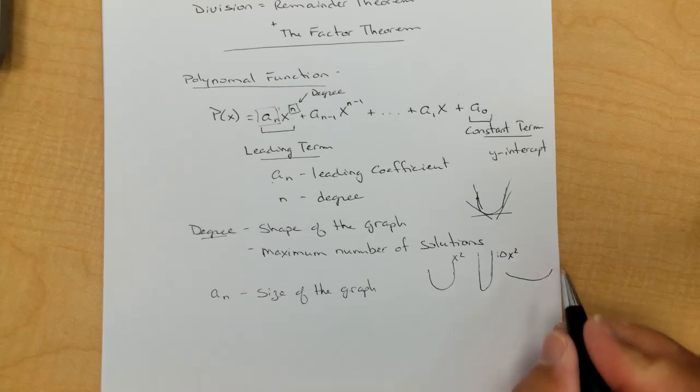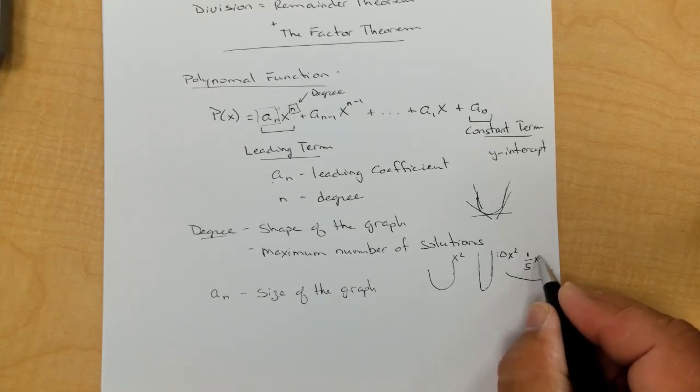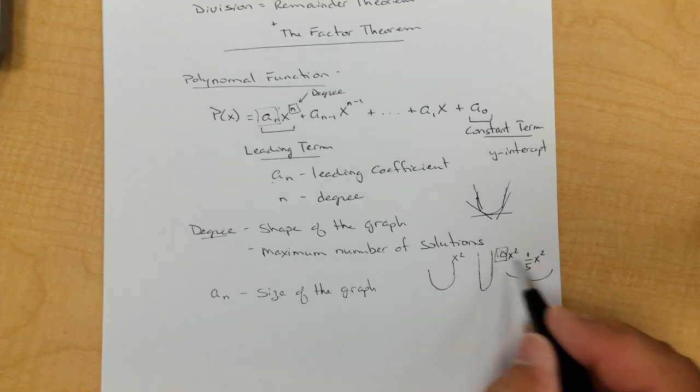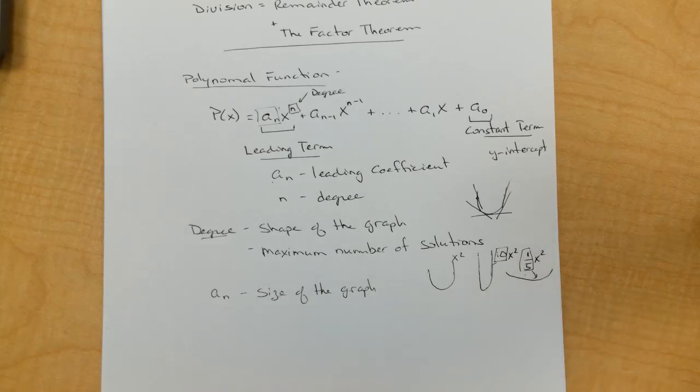This would be 1x squared. So the leading coefficient tells us whether the graph is going to be narrow or wide.